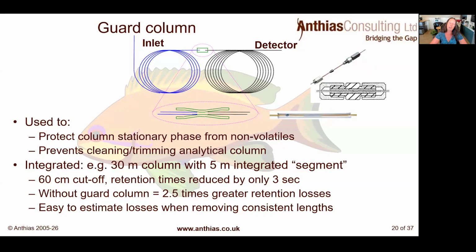With a guard column, it's very easy to estimate losses when removing consistent lengths. You can actually calibrate columns by how long you've had them, and then when you trim the column, you can just say how much it's trimmed. If you're using a constant flow method, it will then adjust the pressure for the length of column that you have. So a guard column is very good if you've got quite dirty and high molecular weight samples, to protect your analytical column.